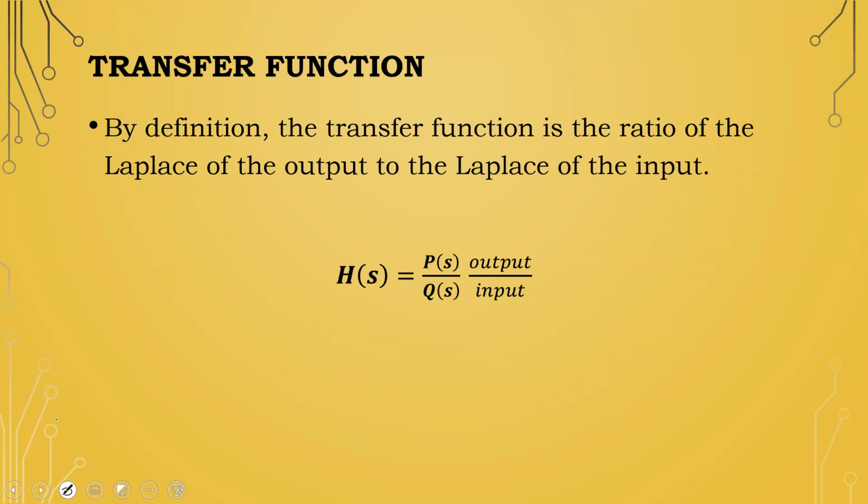and I decide that the output I'm interested in is the voltage across the inductor. That's the output. The input may be the source, not a problem. But the output can be the voltage across the inductor.